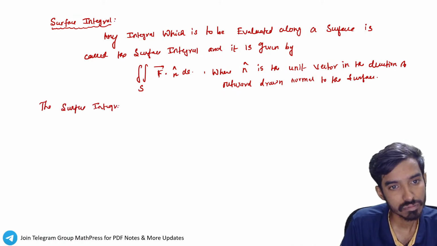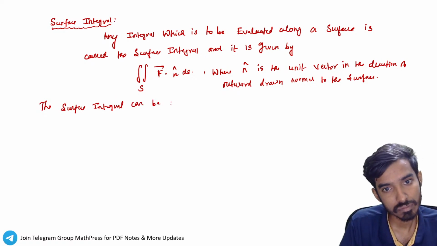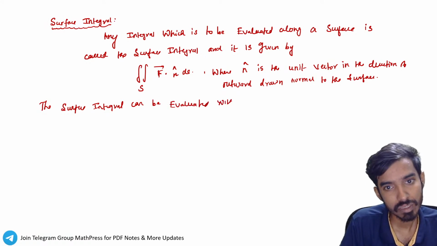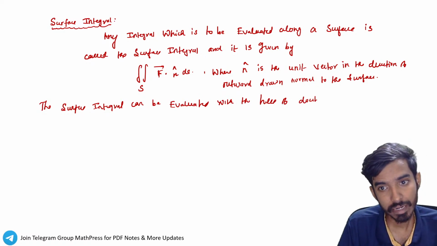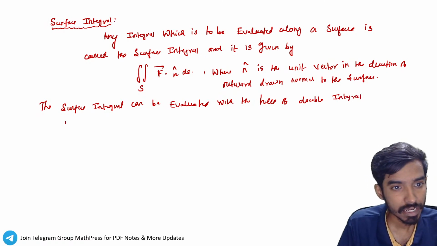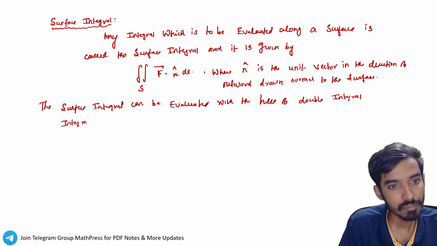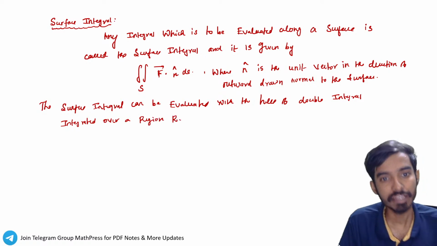Now the very important thing is that the surface integral can be evaluated with the help of a double integral integrated over a region R. This is very important.